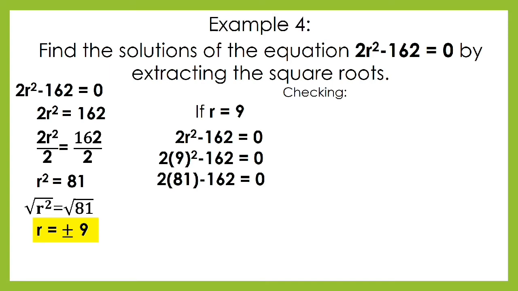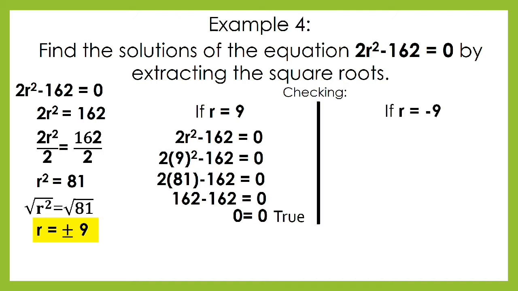Then, we get the square of 9, which is 81, and then 2 times 81 minus 162 equals 0. Simplify, 2 times 81 is 162 minus 162 equals 0. Then, 162 minus 162 is equal to 0, 0 equals 0. They are equal, so that is true.